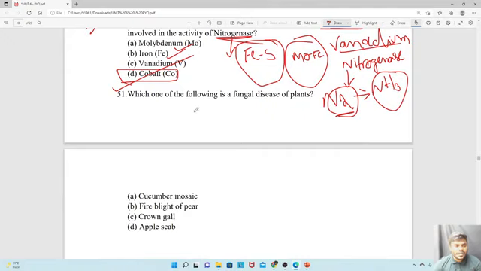Then question number 51 says, which one of the following is a fungal disease of the plant? Which is a fungal disease?